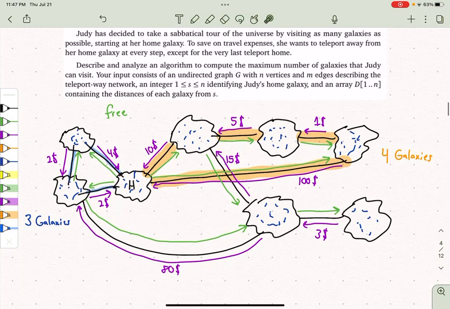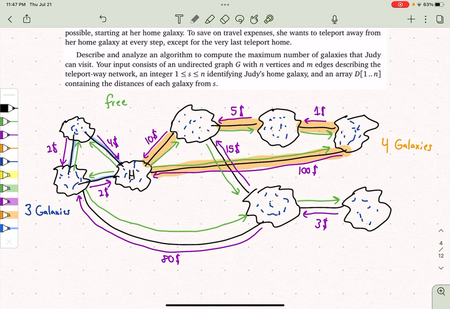So here's just a picture of the situation. This is Judy's home. These are all galaxies. And the teleport ways are the black edges, and maybe it costs $10 to come back from this galaxy to the home one, but the green edges indicate it's free to go farther away. Each of these is farther away, so it's free to go. But anytime you want to get closer, that's the purple edges, that will cost money.